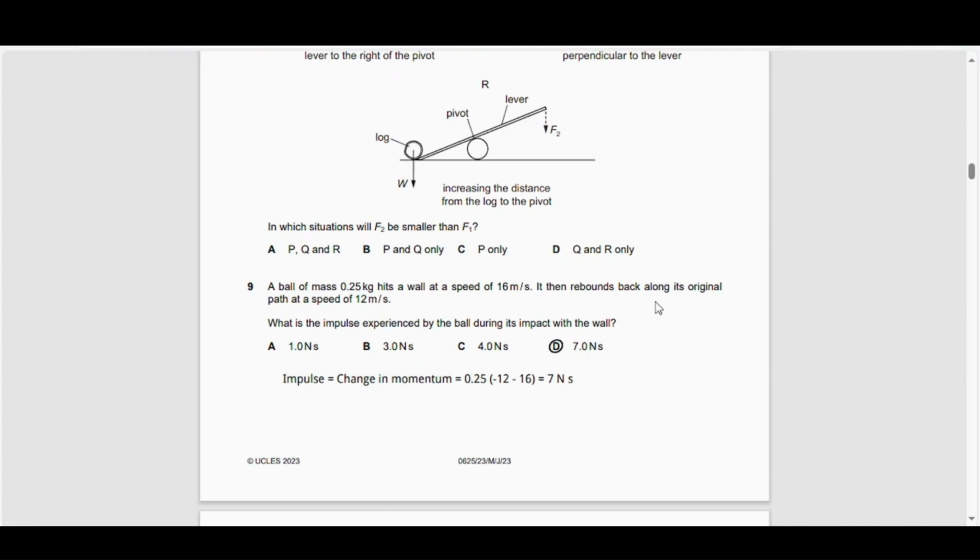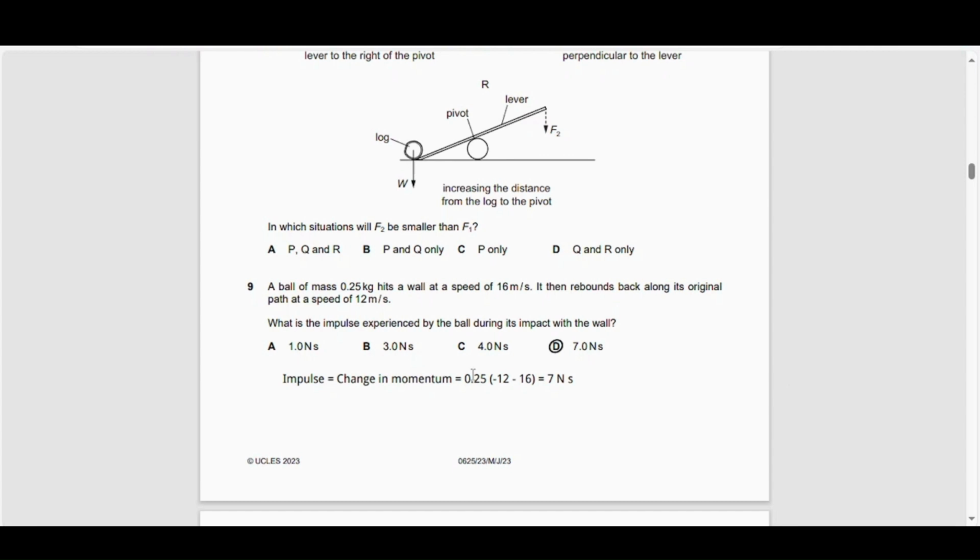So if we take the left to right direction as positive, and we assume that the wall mentioned in the question is here, then the ball that is moving towards the wall has a positive value for its velocity, which is 16 meters per second. And when it rebounds, it's moving from right to left, in the opposite direction, which means it has a value of negative 12 meters per second.